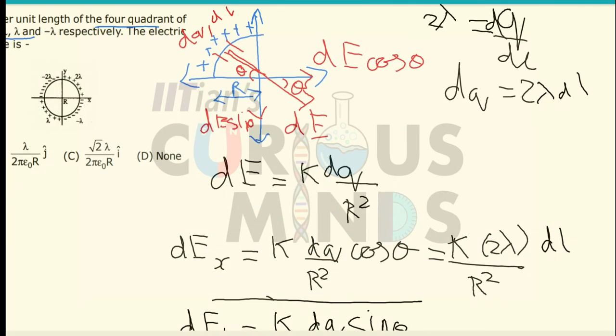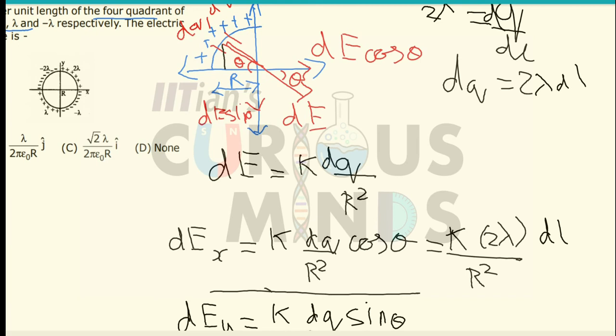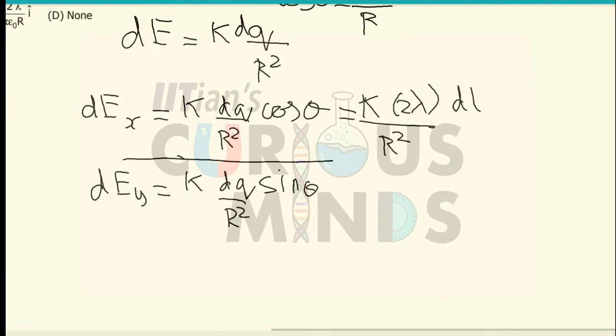The cos theta over here will be equal to adjacent upon hypotenuse. The hypotenuse is equal to r, and let this distance be equal to x, so cos theta is x divided by r.